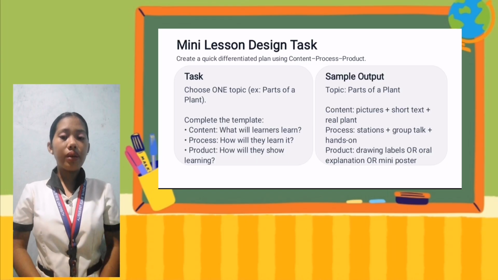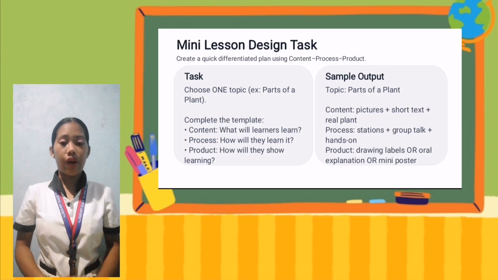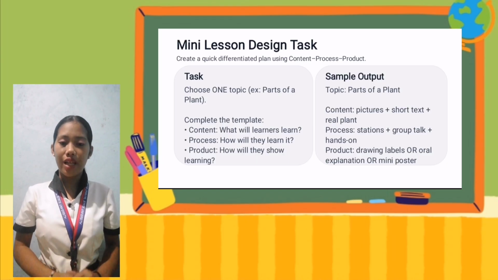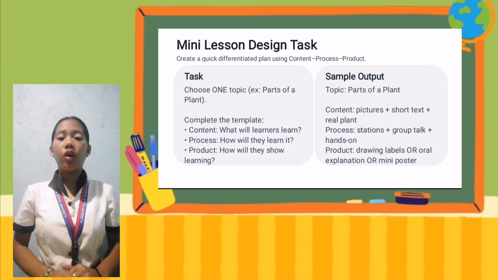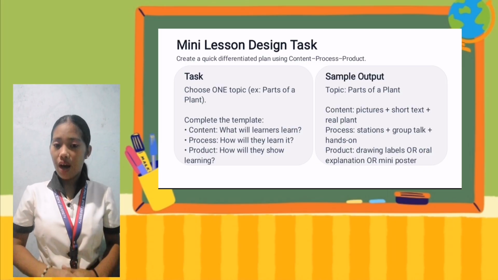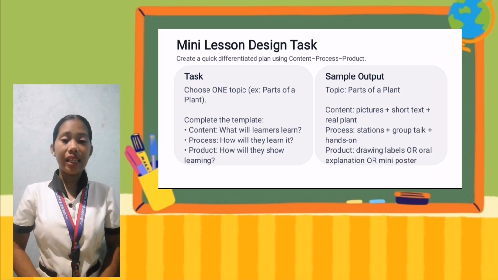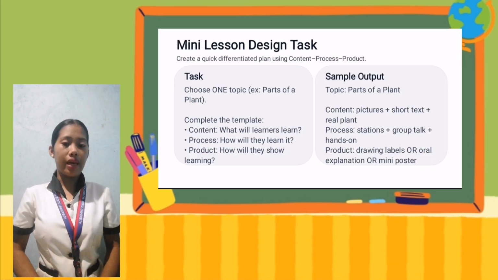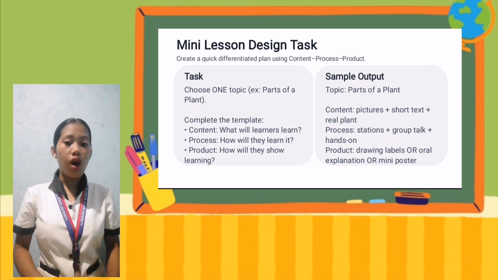There are quick practices to identify whether something is content, process, or product. And also, there are many lesson designs that can create a quick differentiation plan using content, process, and product. Choose one topic, for example, part of a lesson. Then complete the template: content, what you learn; process, how will you learn it; and product, how will you show learning.